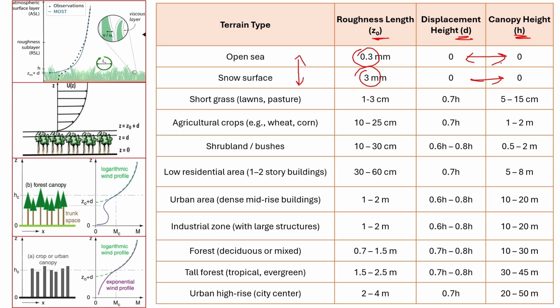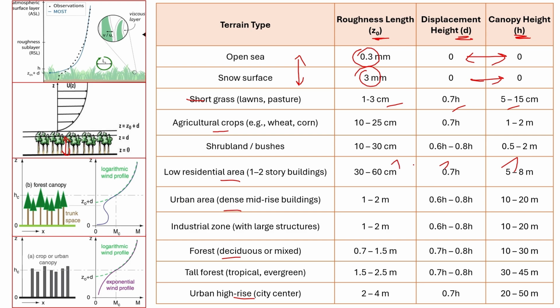But D and H will not be there. That is, displacement of the boundary layer will not be there. Only Z0 will be there. For other land, there will be Z0, D, canopy, everything. From the grass, crops, urban region, forest, everything, there will be a canopy height H value. Then there will be D and Z0, everything will be there.